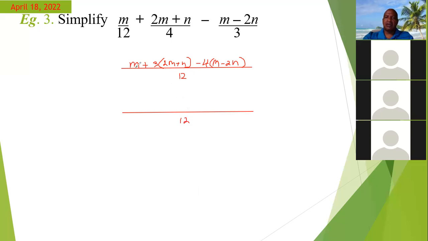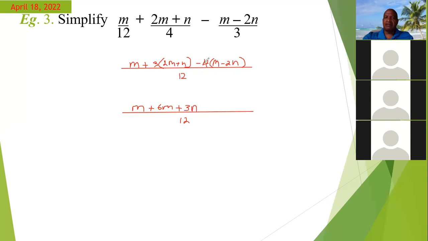So we're going to say now, there's nothing to simplify with the m, so we just put back the m as it is. Now for this bracket, we are multiplying it by 3, so each term in the bracket must be multiplied by 3, keeping the sign we have in the bracket. So 3 times 2m gives you, anybody? 6m. All right, so we have 6m. And then 3 times n, remember keep the sign in the bracket. 3n.